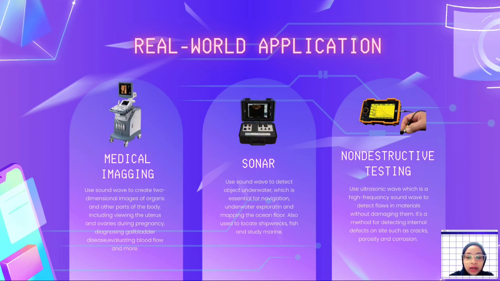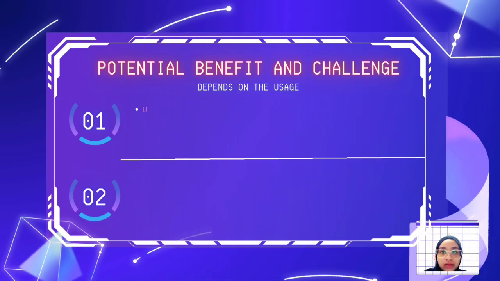It uses ultrasonic waves, which are high-frequency sound waves, to detect flaws in materials without damaging them. It's a method to detect internal defects, such as cracks, porosity, and corrosion.